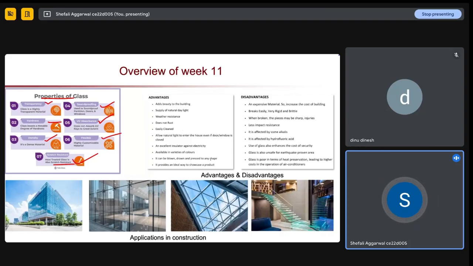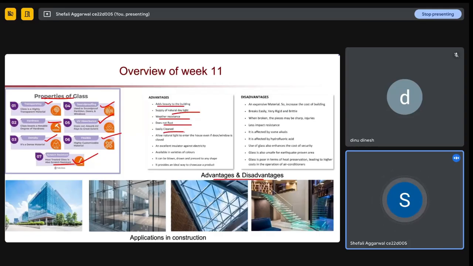Next, what are the advantages and disadvantages of glass in the context of building and engineering. Firstly, it adds aesthetics, and it provides natural daylight. It's weather resistant, so it won't corrode easily, or absorb water or cause damping issues. Next, it does not rust.